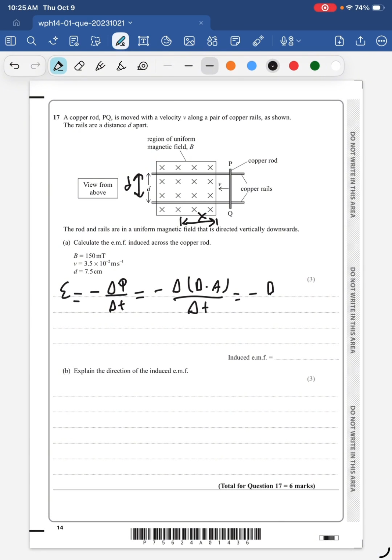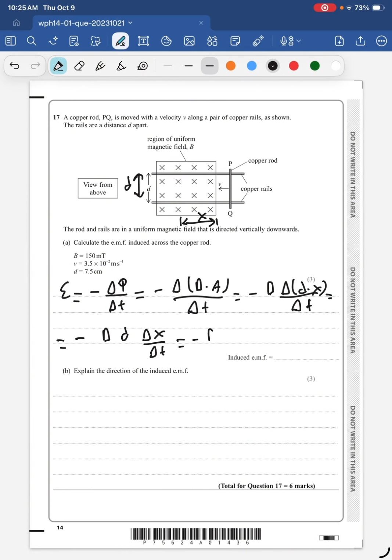So x times d gives you the surface area cut by this copper rod as it moves through the magnetic field. So B gets out, and then we have delta of d times x over delta t, but then d is constant as well. The only thing that changes is x, the distance it covered through these rails. So we are left with minus B d and then delta x over delta t, which is the velocity, right?